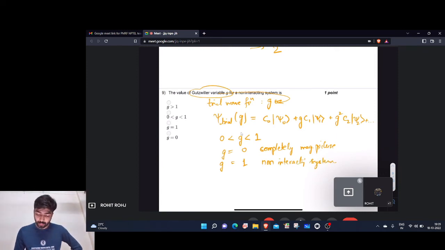When G is in between these two extremes, correlations are present, that is, correlated interactions. So for a non-interacting system, the Gutzwiller variable takes the value G equal to 1. This particular value of G is a part of the approach, and there is not much rigorous explanation to that. So G is equal to 1 for a non-interacting system in the Gutzwiller variational approach to solve the Hubbard model in 3 dimensions.